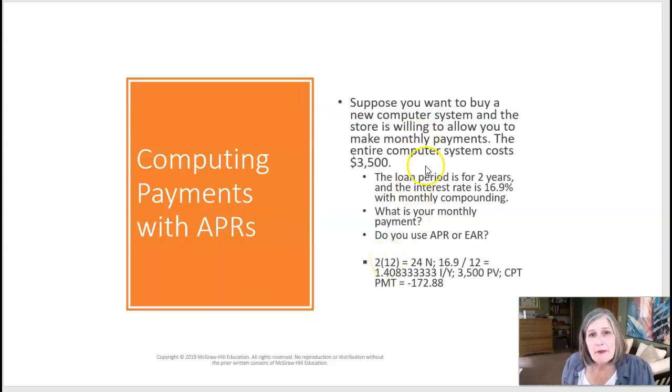All right, if we want to buy a new computer system, we're going to make monthly payments. The loan period is 2 years, and the interest is 16.9% with monthly compounding. So this is per month. Are you going to use APR or EAR? To do the calculations, we're going to use the APR and figure out what the monthly rate is.